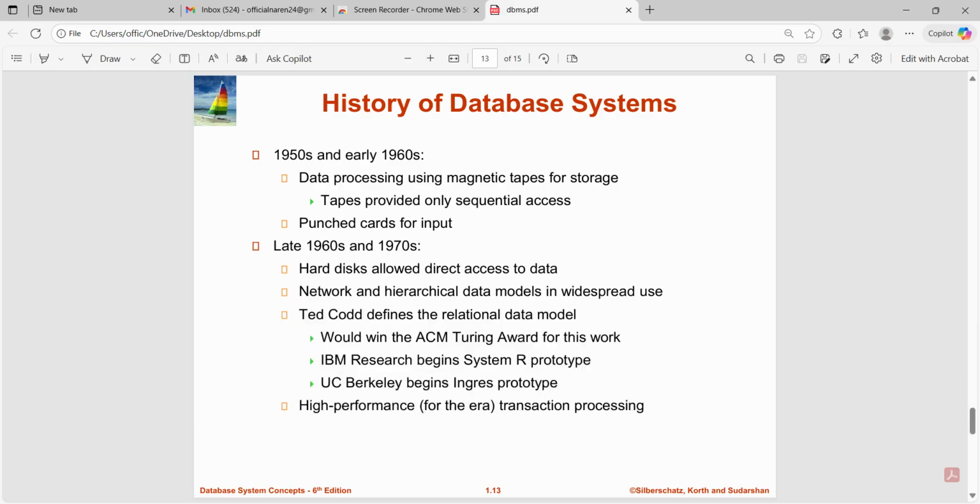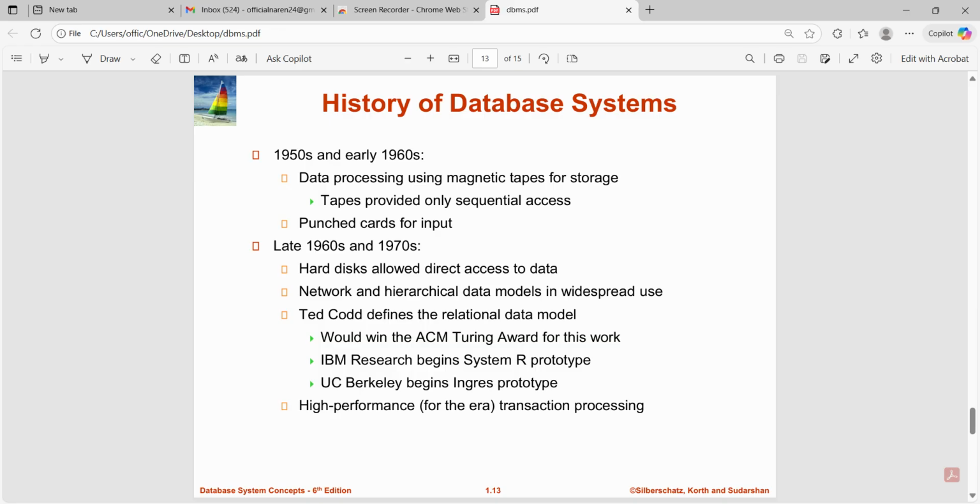Coming to the history of databases, it starts from the 1950s and 1960s. We stored every data in the form of magnetic tapes, which had a very small quantity of storage, so it could be accessed by means of sequential access only.